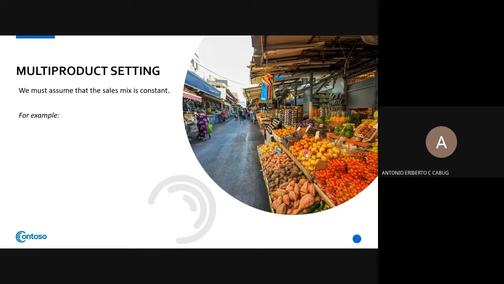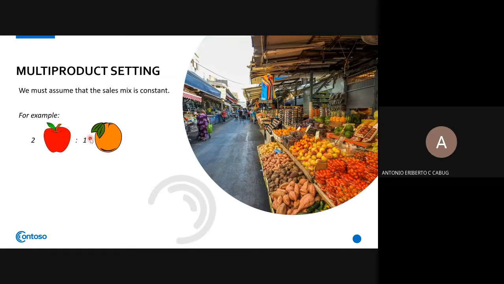Okay? So to simplify our example, I'll just assume that there are two products, apples and oranges. You have noticed this pattern.